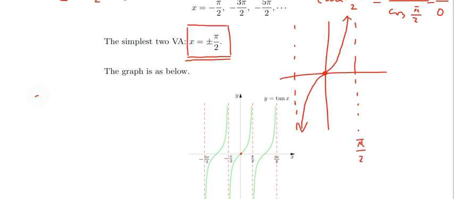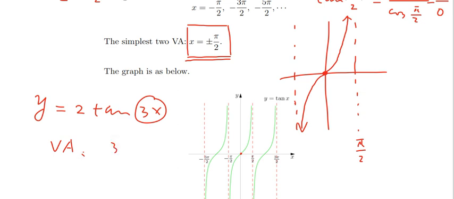Then for a general tangent, suppose we have y equals tangent 3x. For this function, we just regard 3x as the input. So the vertical asymptotes are 3x equals pi over 2 or negative pi over 2, positive and negative.